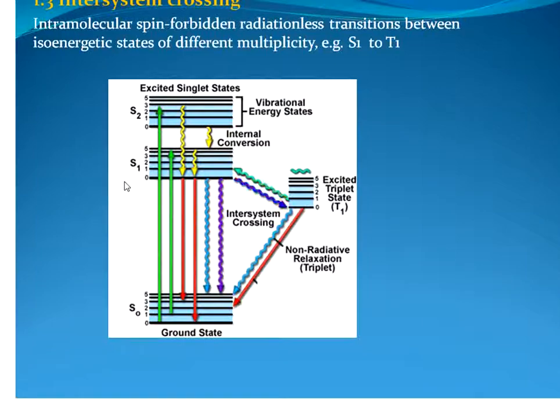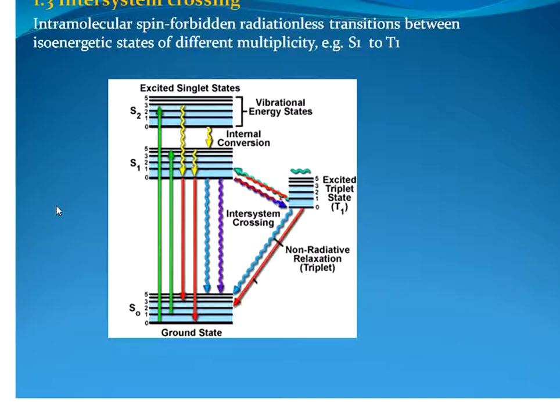Don't forget that intersystem crossing is a process in which the spin of an excited electron is reversed, either plus a half to minus a half or vice versa, with a change in the multiplicity of the molecule. If the spin is reversed, definitely the multiplicity of the molecule is going to change, from singlet to triplet or from triplet to singlet.